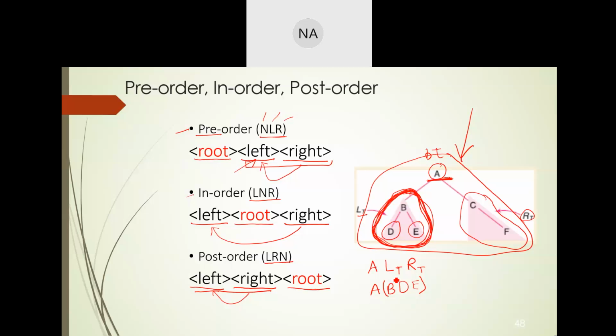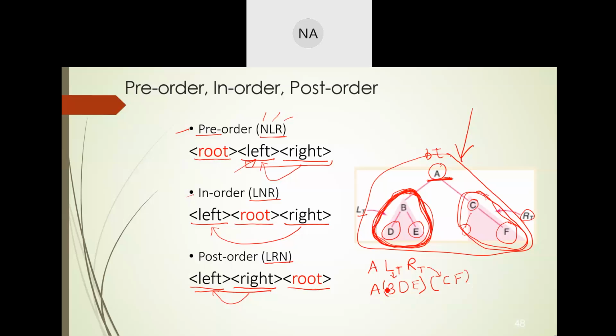Okay, LT. Now traverse RT. In this subtree, the same way, you will be visiting the root node of this subtree first. It is C. Then the left subtree is empty, so nothing will be visited, and then you will go to the right subtree of node C, and the right subtree contains a single node, so you will just print this value.